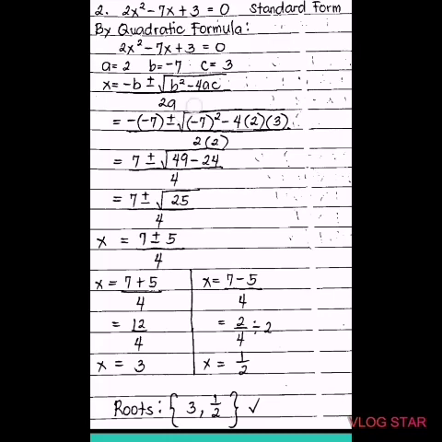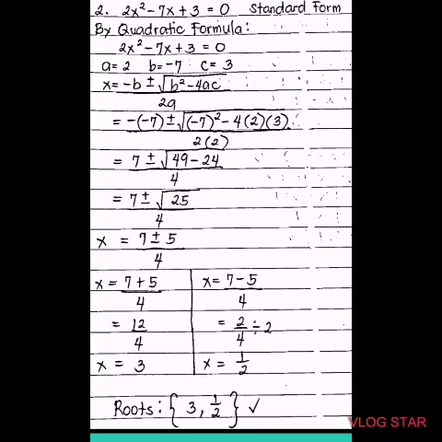After writing the formula, substitute. So, negative, because of the formula, and then the value of b, which is negative 7 here. Plus or minus the square root of the value of b again, which is negative 7, squared, minus 4 times the value of a, which is 2, times 3, which is the value of c.